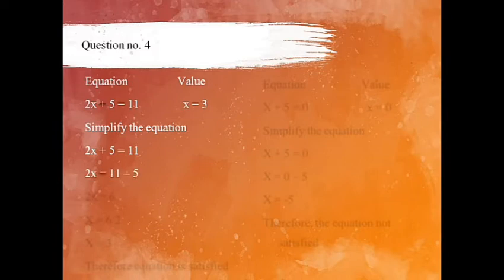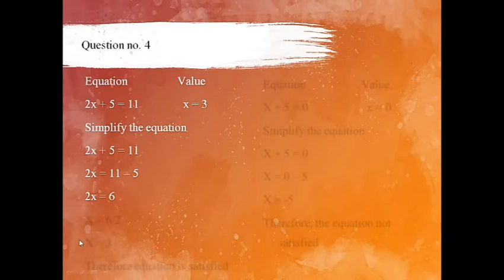So it will become 2x equals to 11 minus 5, and 11 minus 5 is equals to 6. So that is 2x equals to 6. Now here we want the value of x, and here 2 and x are given in the form of multiplication. So we will transfer this 2 to the right hand side, and the 2 which is given in the form of multiplication goes in the form of division.